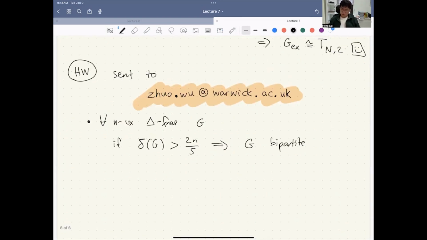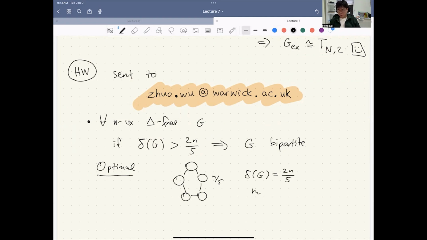This is optimal. The bound here is tight, because we can consider this blow up of a 5-cycle. This graph has minimum degree exactly 2n/5, and obviously is not bipartite and is triangle free. So we cannot lower this number below 2n/5.